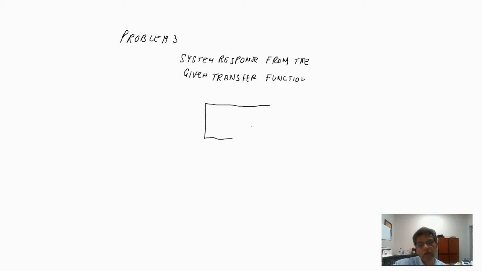We had a transfer function of 1 over s plus 4, if you recall that from the previous video. And here the input going into the system is r of s, and this is the output c of s. So we would like to find the system response.